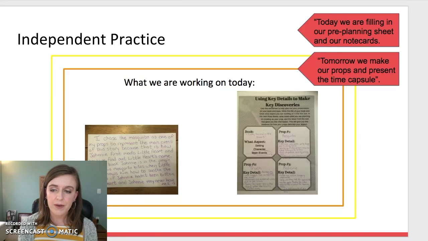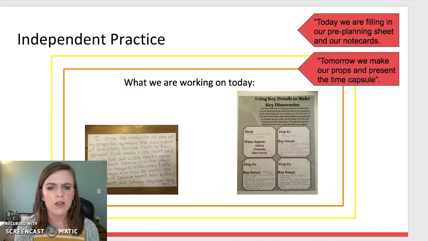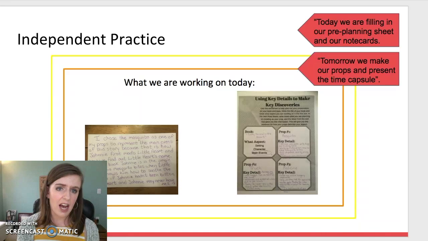But then you're also going to be filling out a note card explaining exactly the why behind your prop, using the key detail that you found in the text. So you're going to give an explanation of why your prop represents a key detail that told you something new about the story and the aspect that you're focusing on.